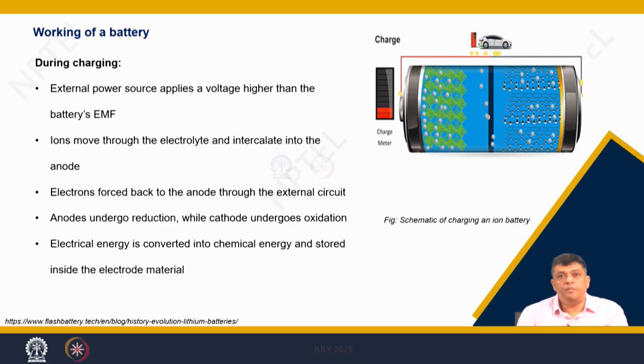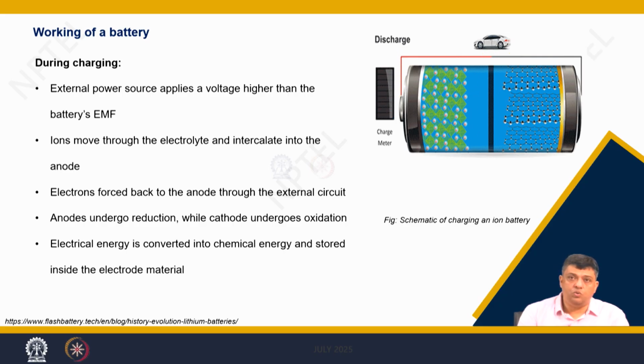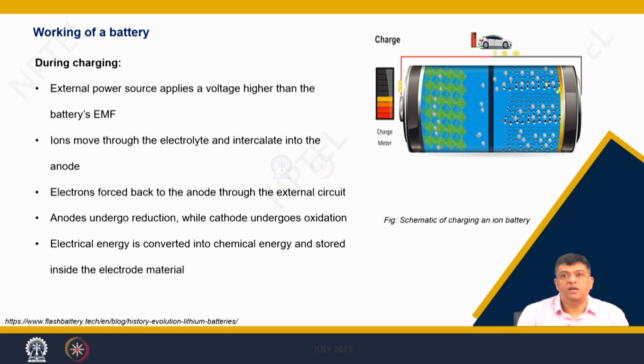So, if you look into a battery, what is happening during a charging process? You have, for example, lithium cobalt oxide, you have lithium coming out and getting intercalated inside the anode, that is the layered graphitic like structures.